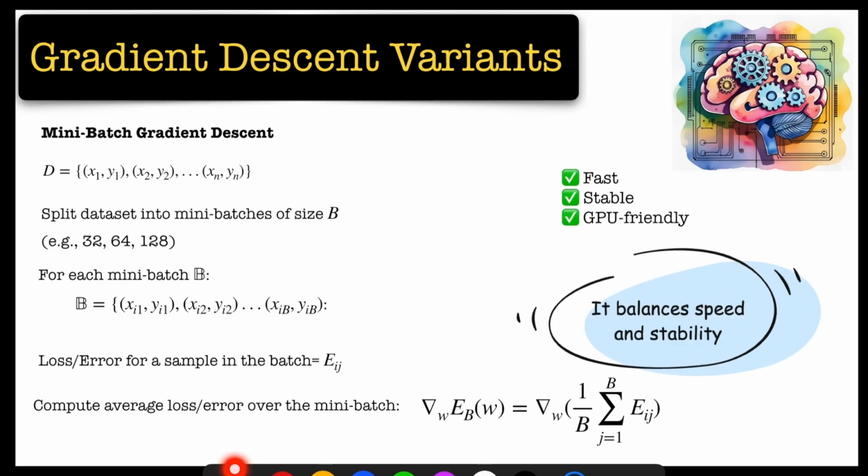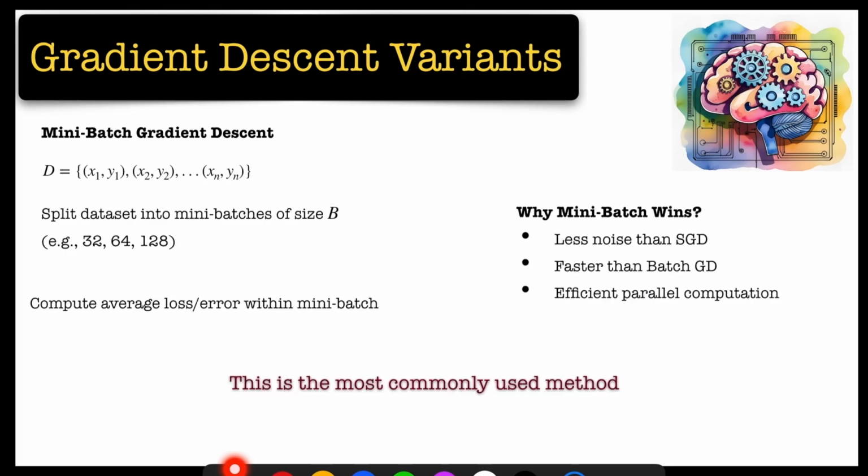Batch gradient descent was very stable, but it was slow and memory heavy. Stochastic gradient descent was very fast, but it was not stable because it was very noisy. But mini batch gradient descent is basically a compromise between these two. It is fast, it is stable and it is GPU friendly.